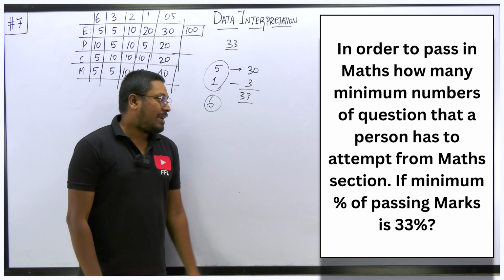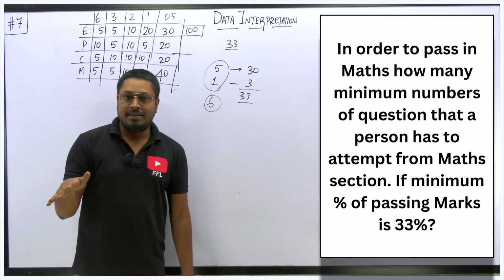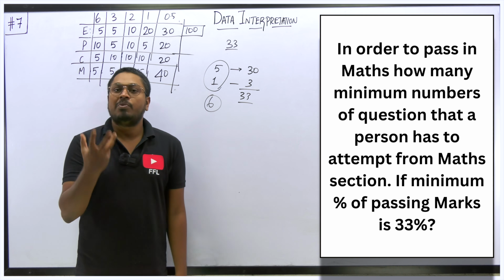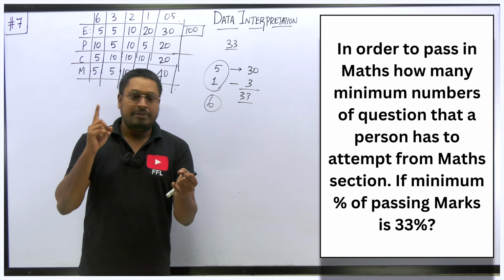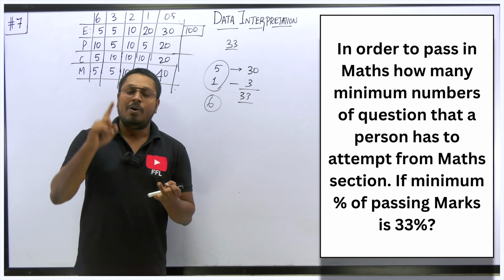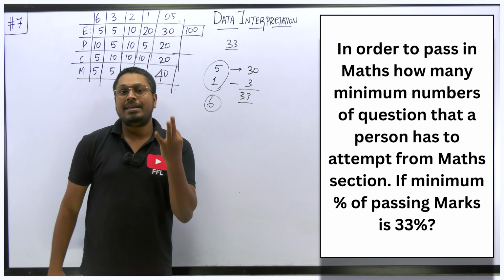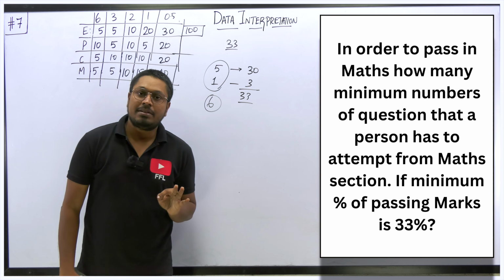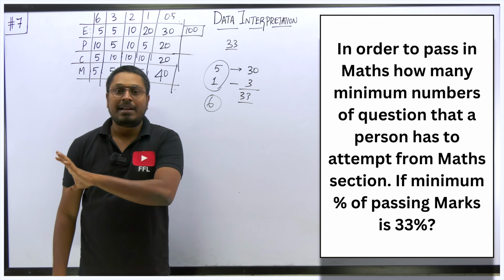In the upcoming data interpretation, I will try to teach you the bubble chart and hexagon-shaped radar charts, because those kinds of charts are most important for tough-level competitive exams, right? Always remember one thing: if they ask a radar chart, a triangular chart, or a bubble chart, definitely first take 5 minutes to convert all the chart values into a table.